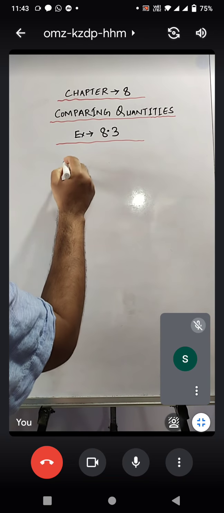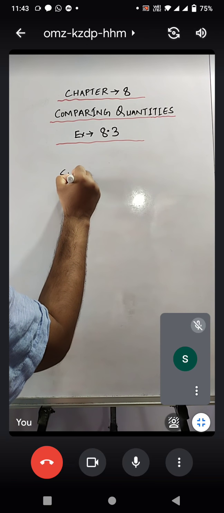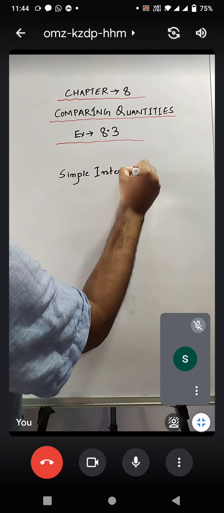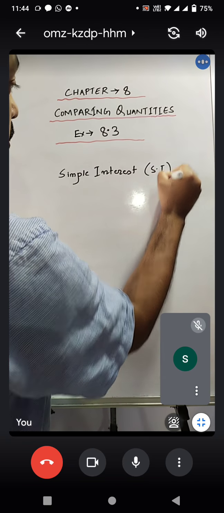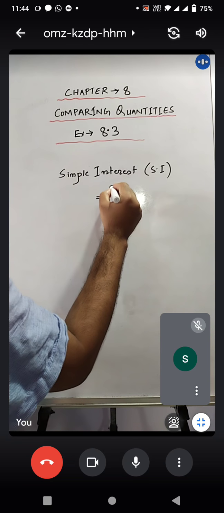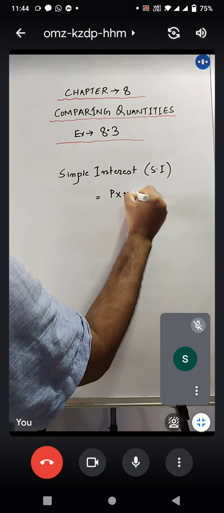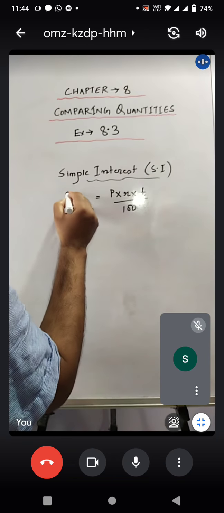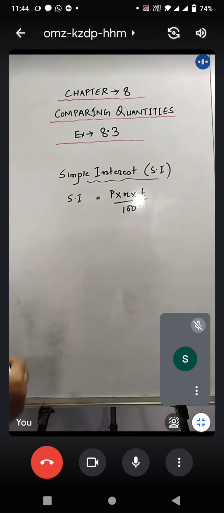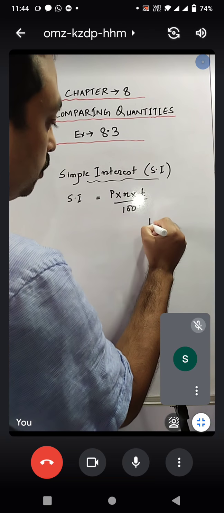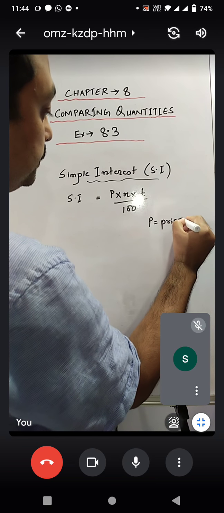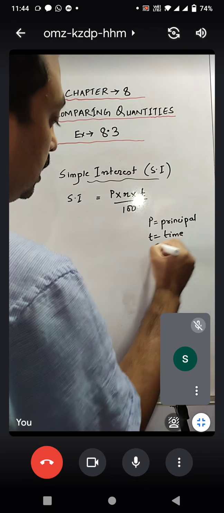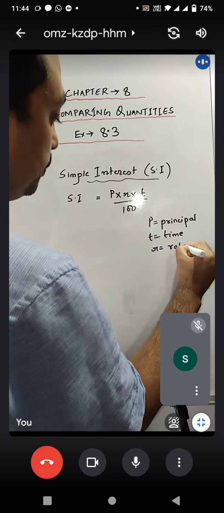So the formula of simple interest, which is denoted by SI also, is principal into R into T by 100. That is, SI is equal to P into R into T by 100, where P is principal, I will explain to you what principal is, T is time period and R is rate percent.